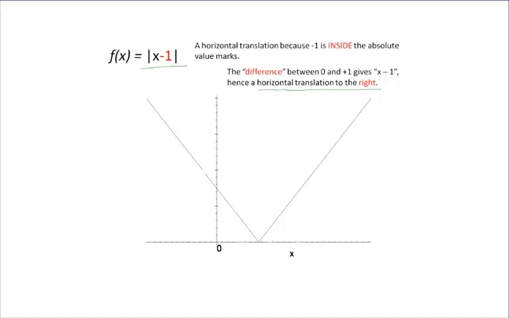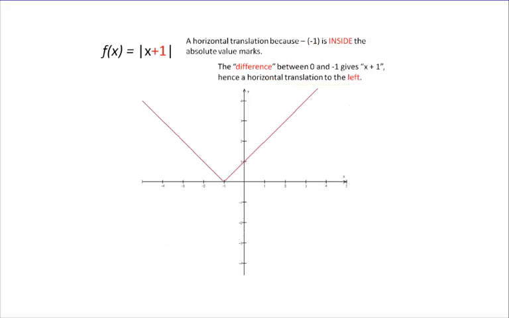It is a horizontal translation, and since it's -1, it's a translation to the right. Same as we've always known. Inside the function operation, horizontal translation, +1, a translation to the left. Remember, we're headed in the left direction, a distance of 1.